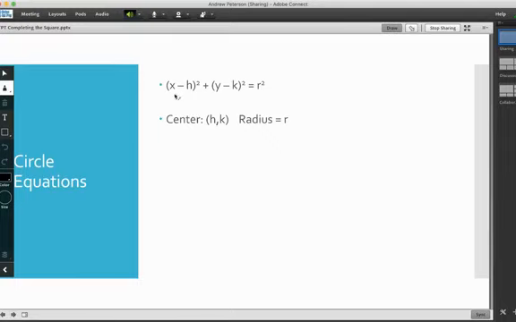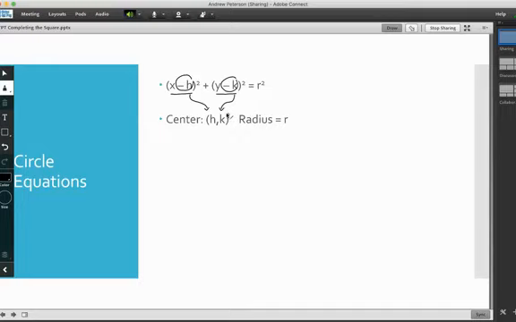In this first parenthetical, when we get this x minus h and this y minus k, both quantity squared, those h and k's actually translate into the x and y coordinates of the center of the circle. Now, notice here that they're expressed as negatives in the equation, and we have to express them as positives for the center of the circle.